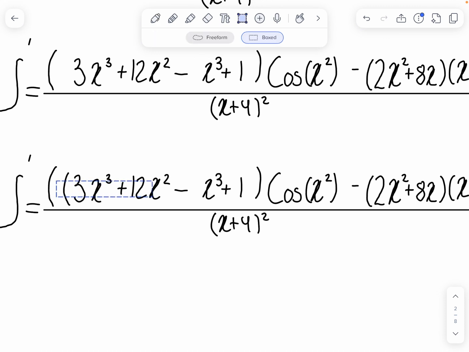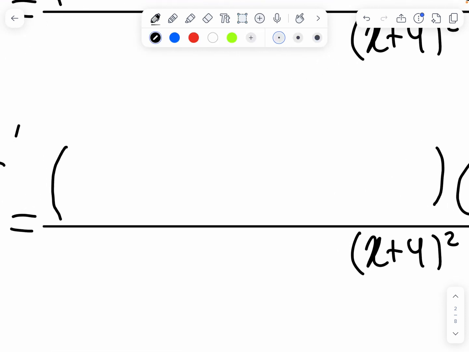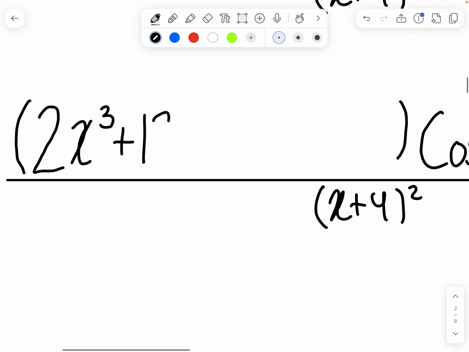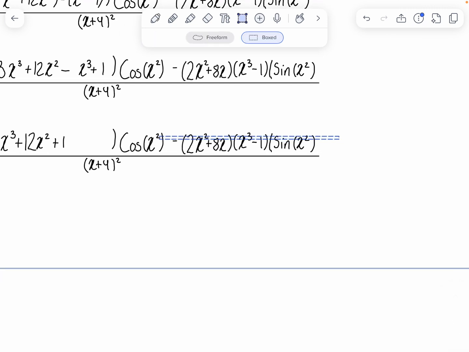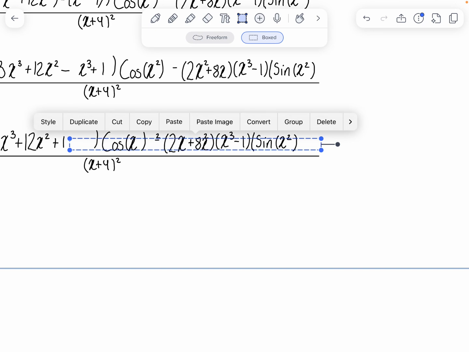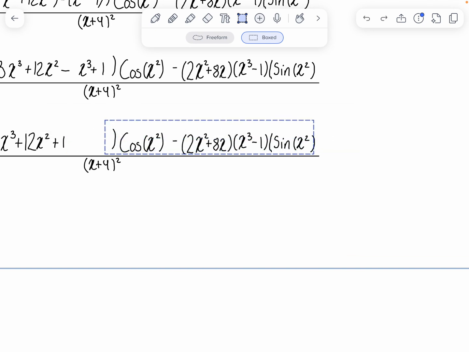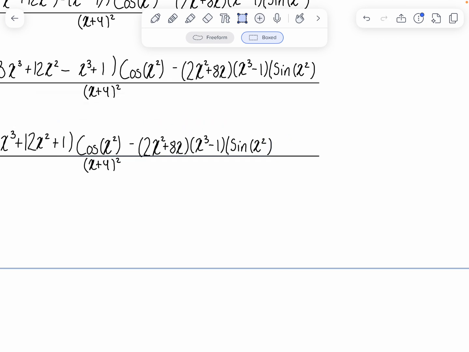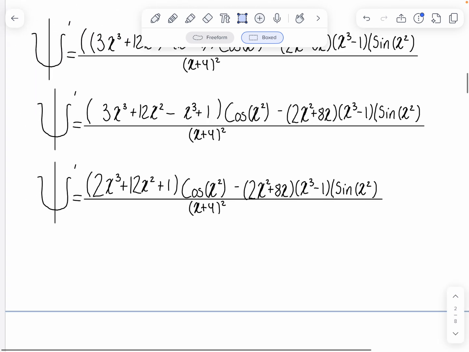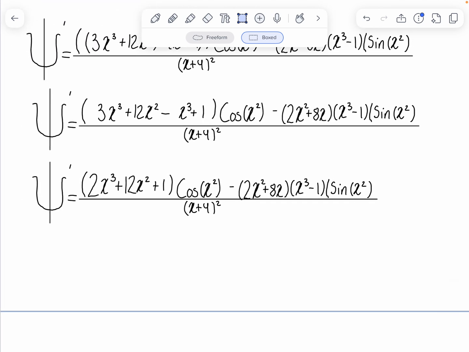for the final step, this will simplify down to 2x cubed plus 12x squared plus 1. And this is the final answer.